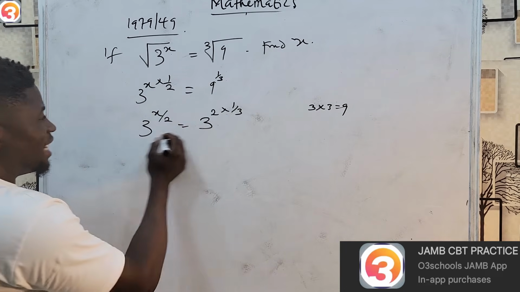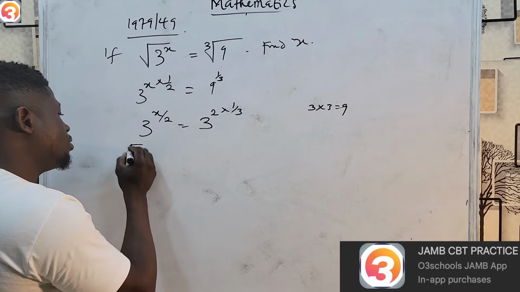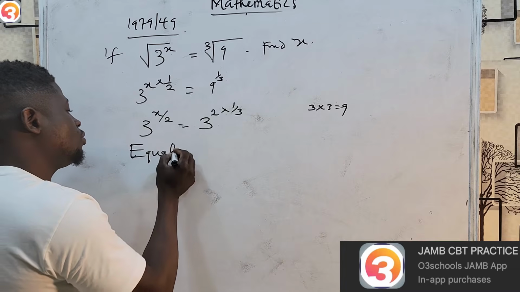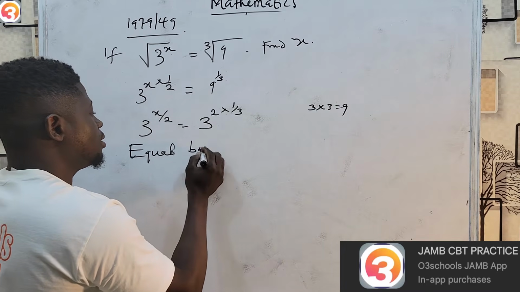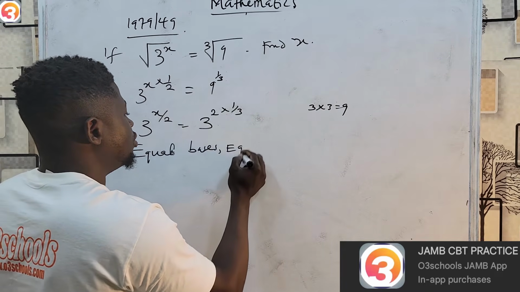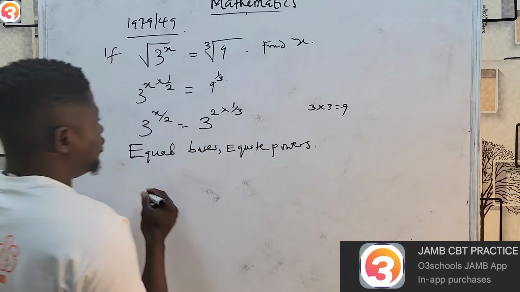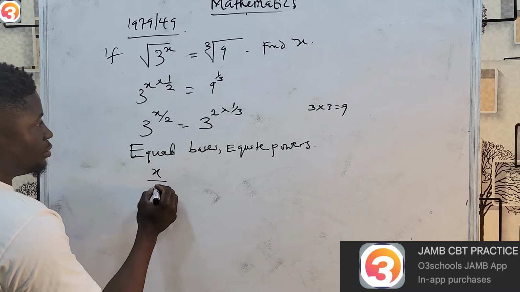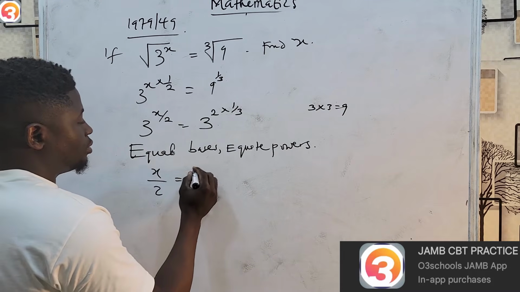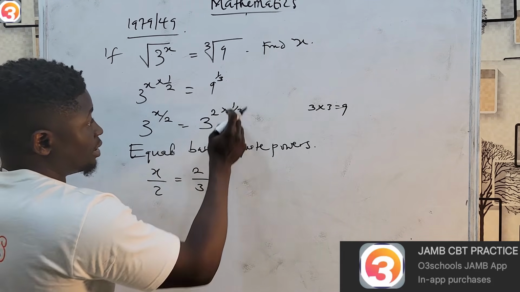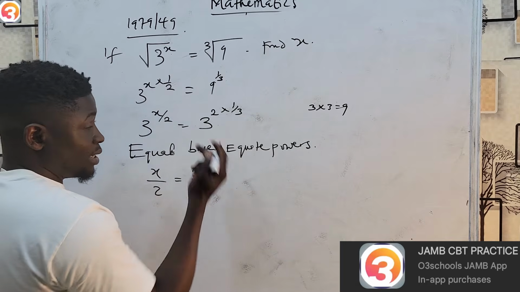Because they are the same bases, you equate powers. So if you equate powers, you have x over 2 is equal to 2 over 3. 2 times 1 is 2, 3 times 1 is 3.